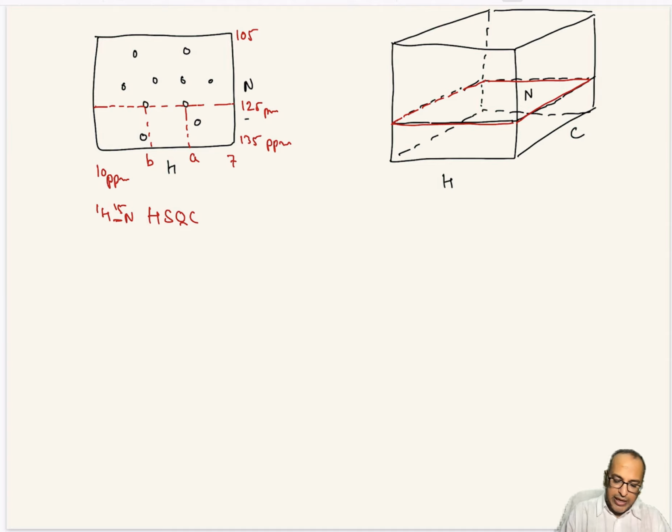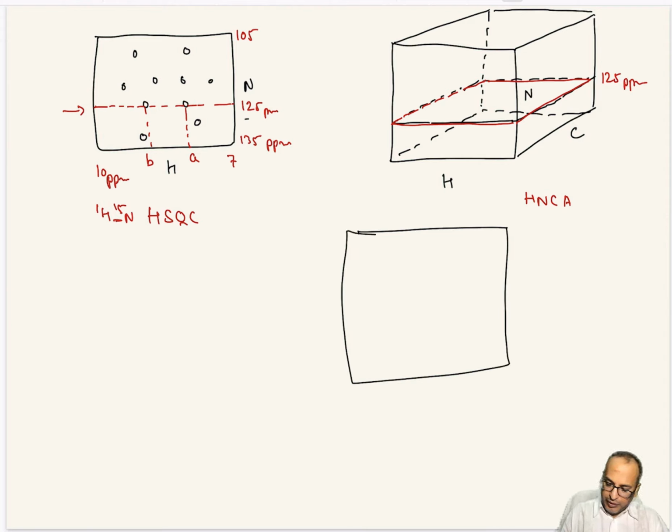When you take a slice in a two-dimensional experiment, it appears like a line. When you take a slice in a three-dimensional experiment like HNCA, it appears like a plane, right? At the same delta value of 125 ppm. Now if you extract this plane, you have this plane extracted at delta N equal to 125.